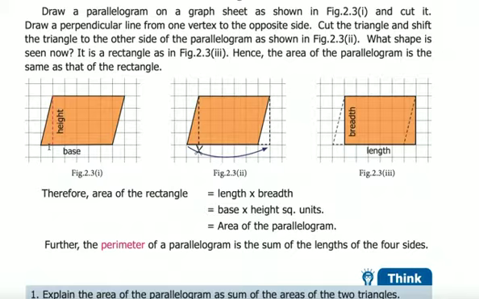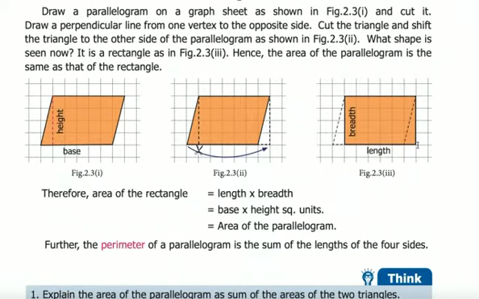Cut the triangle and shift the triangle to the other side. Oh, this is what he is telling about. Cut this triangle and shift this one to here. Then it becomes a rectangle, right?